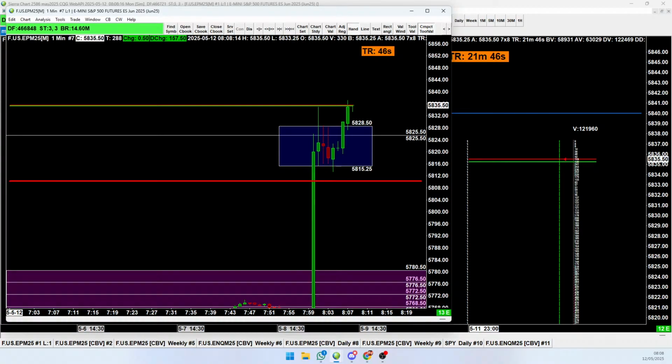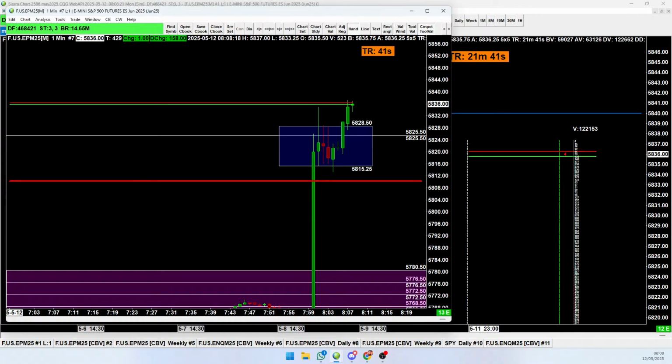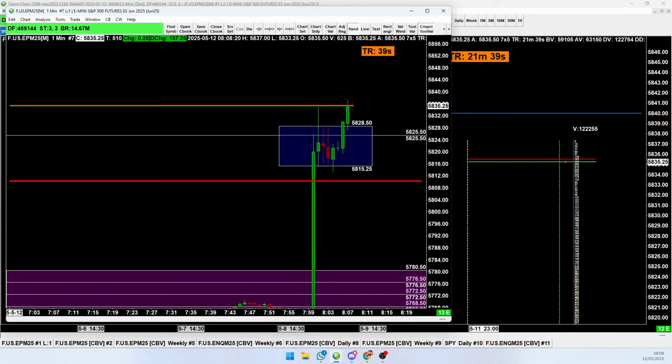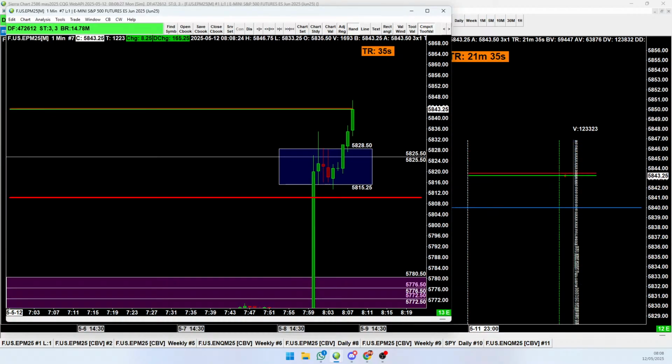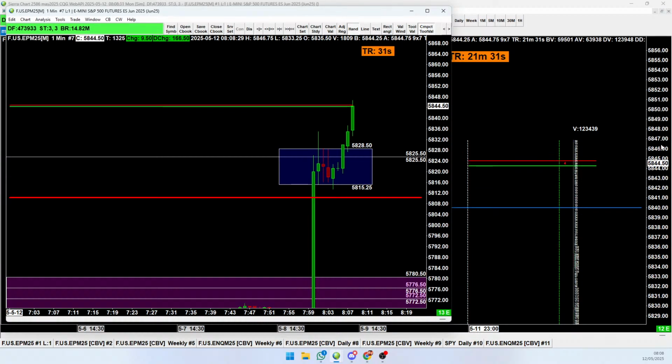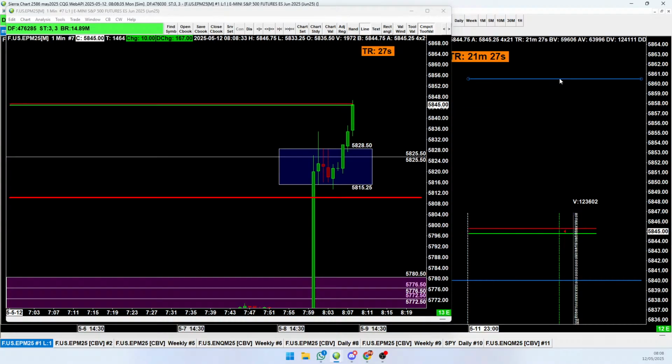Yeah, this is the top of my zone. If we take out 58.40, the next level up is 58.60 3/4. And we just went through 58.40 like a hot knife through butter. So 60 3/4 is the next level up.